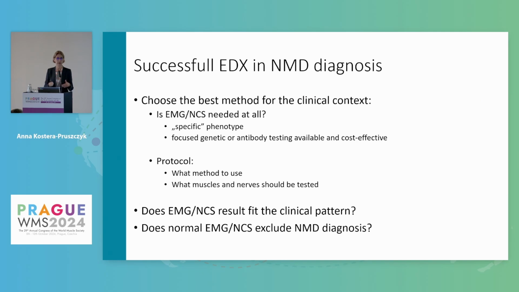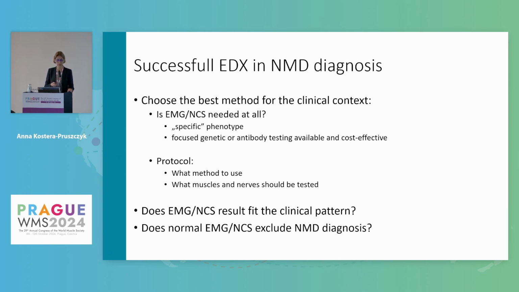If we want to have a successful electrodiagnostic test in a neuromuscular patient, of course, the very first question we should ask ourselves is: is EMG or nerve conduction study needed at all? Do we have any specific phenotype that will lead to very precise targeted testing? Or maybe we can apply other methods such as antibody testing that will also be cost effective.